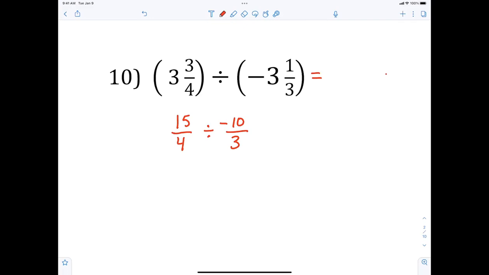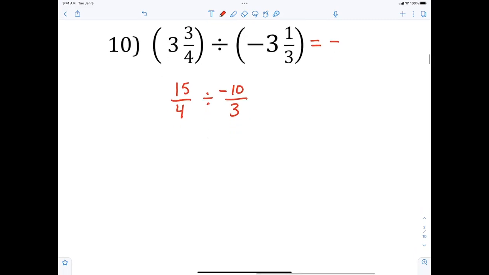Hold up. Liv is telling me positive or negative. Thank you. All right. Now, what do I do with division again? That's called the reciprocal. You're multiplying by the reciprocal. So that's perfect. 15/4 times negative 3/10.